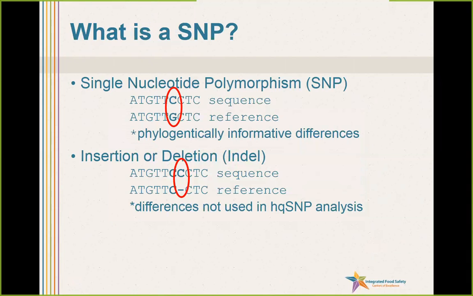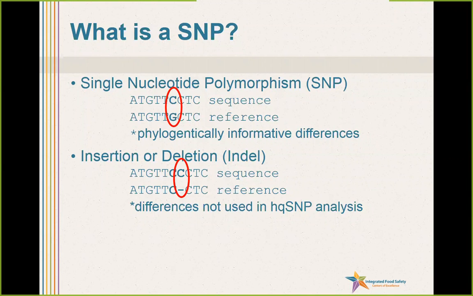Now, I mentioned many times the term SNP, or single nucleotide polymorphism. A SNP is where there is a nucleotide difference in the sequence. Sometimes there are insertions or deletions. They're called indels. They might look like SNP differences, but for the most part, SNPs result in phylogenetically informative differences, whereas indels may not.